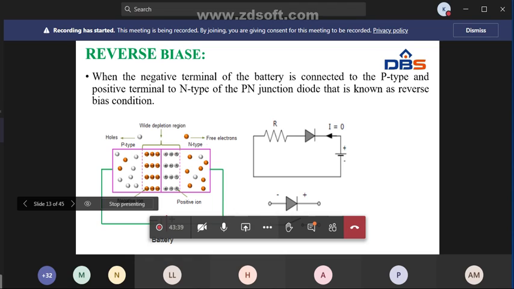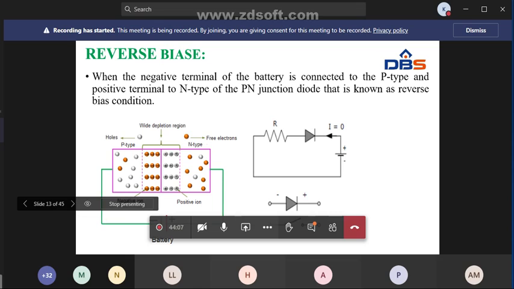In forward biased condition, the depletion region decreases because the holes and the electrons move towards the junction and recombine with each other. But in this reverse biased condition, the depletion region increases, right?